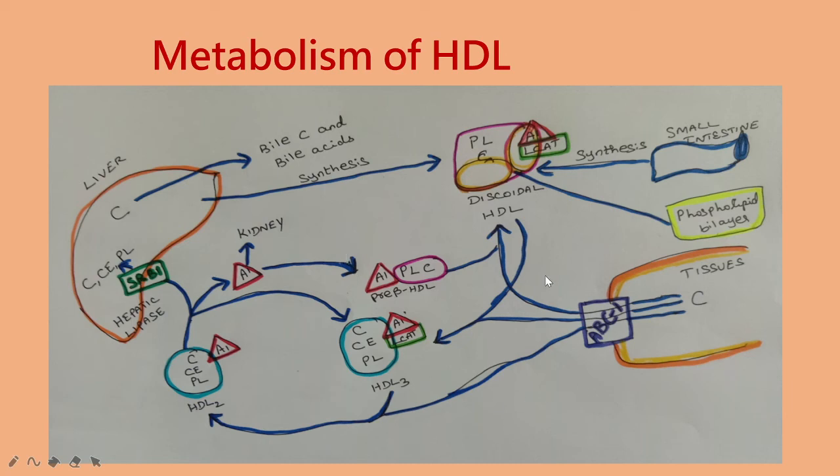After removing the free cholesterol from the extrahepatic tissue, the disc-shaped nascent HDL changes into spherical HDL, which is taken up by the liver through the HDL receptor, SRB1 receptor-mediated endocytosis.